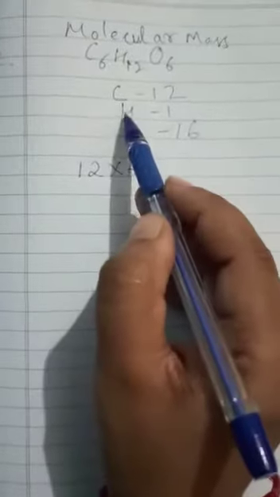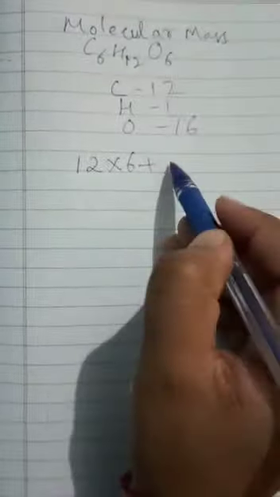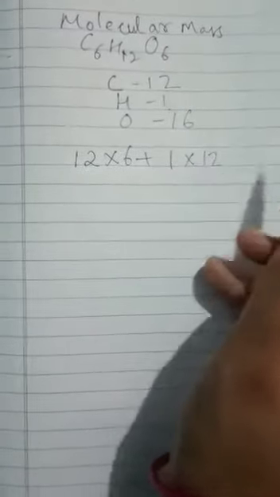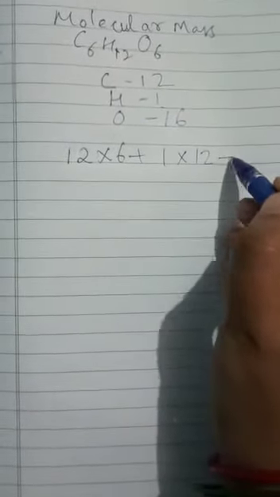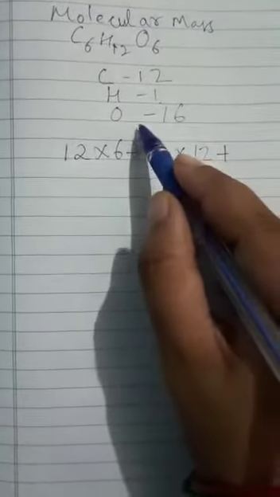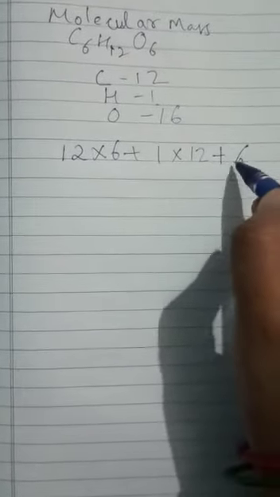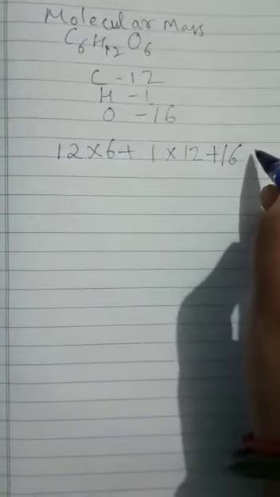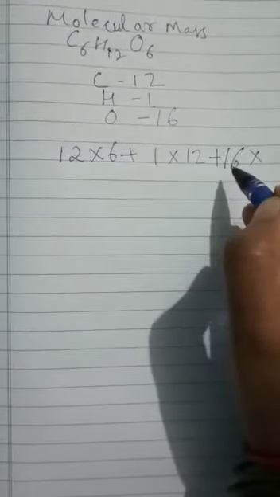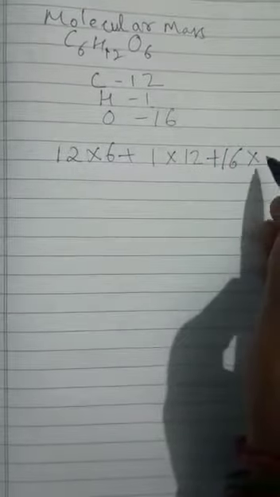Then the mass of one hydrogen atom is 1 and there are 12 hydrogen atoms, which means 1 into 12 will give you the mass of the hydrogen atoms present in the molecule. Similarly, the mass of a single oxygen atom is 16 and there are 6 oxygen atoms in it, so it will be multiplied by 6.